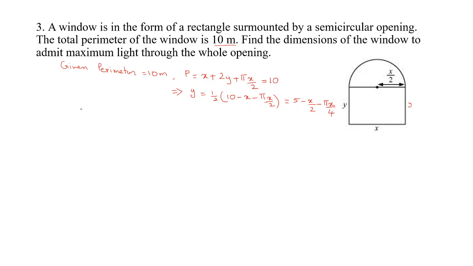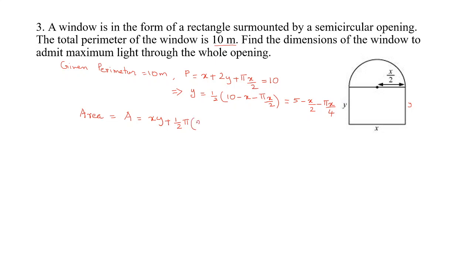Now we'll find the area of the window. Suppose let it equal to A. So that is area of the rectangle, that is length into breadth, plus area of the semicircle. So area of the semicircle will be 1 by 2 pi r square.